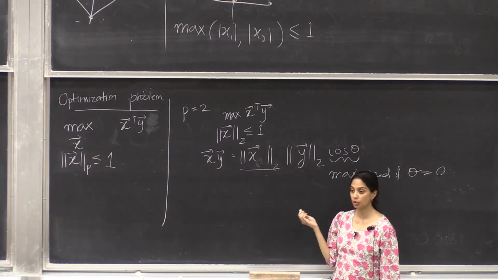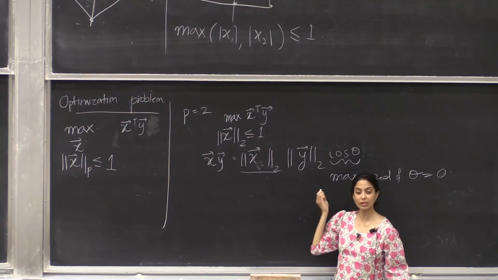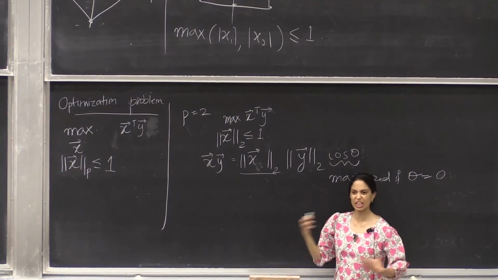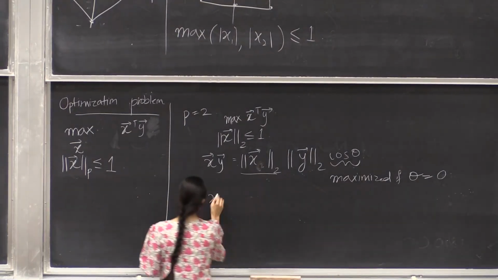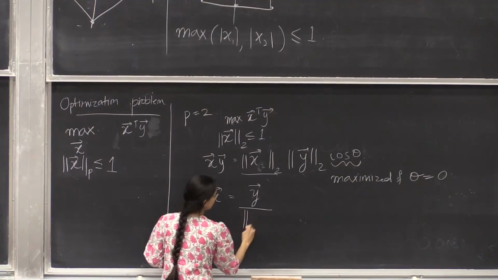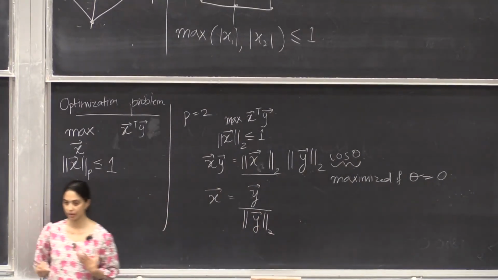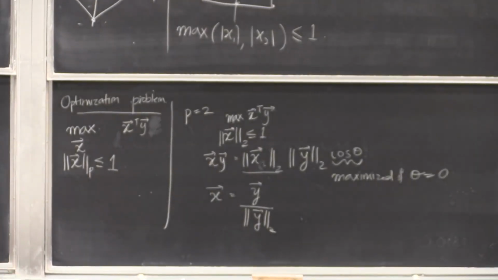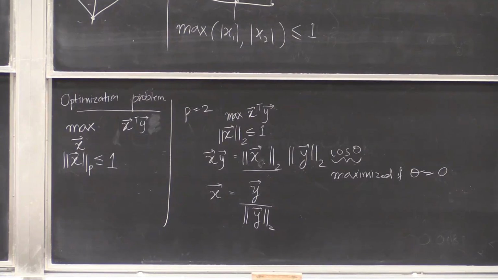It has to be in the unit ball, right? And y need not be in the unit ball. y could be arbitrary. So how do I make a version of y that's in the unit ball? Normalize it, right? So I choose x to be the vector y divided by the norm of y. This gives me a version that is exactly aligned to y, but is inside my constraint set.